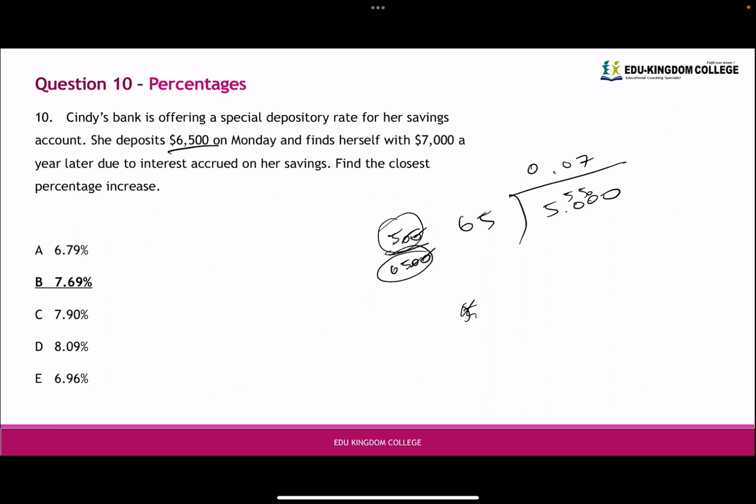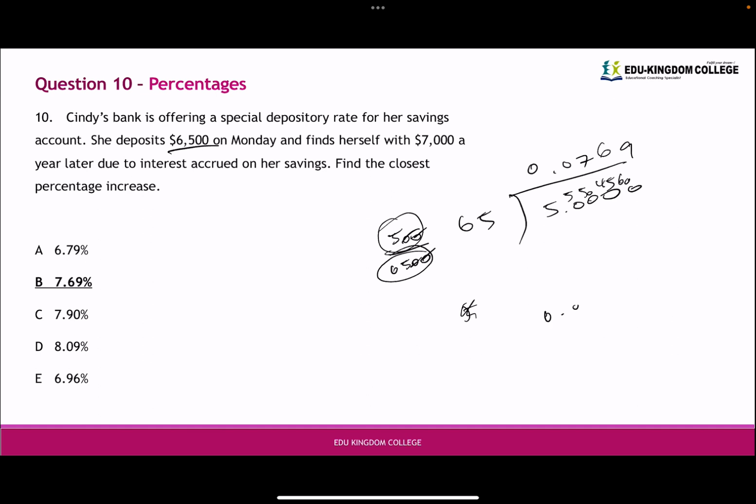So 65 times 7 gives you 455, leaves over 45. So 65 goes into 450 6 times. So 65 times 6 is 390, leaves over 60, carry over the 60. You should get 600, which it goes into 9 times.